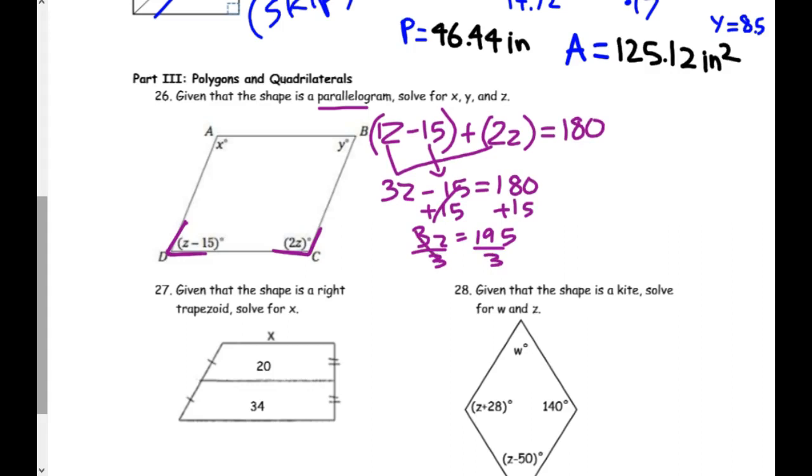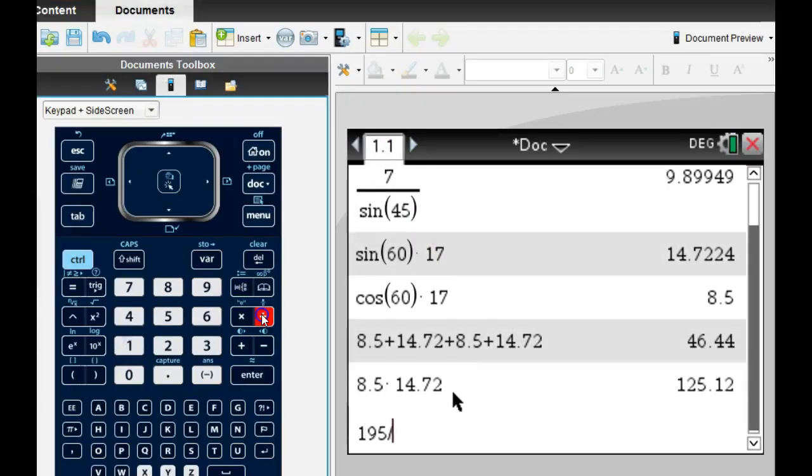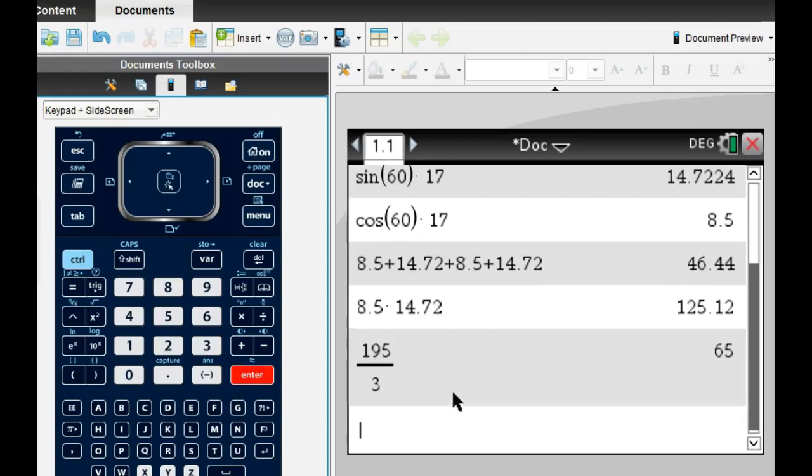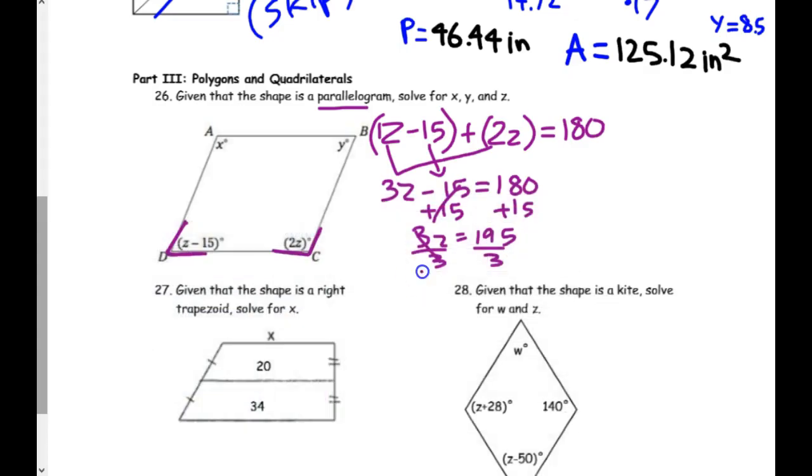What is 195 divided by 3? 65. Now angle C is 2z. So the measure of angle C equals 2z, which is 2 times 65, which is 130 degrees. So this angle right here is 130.